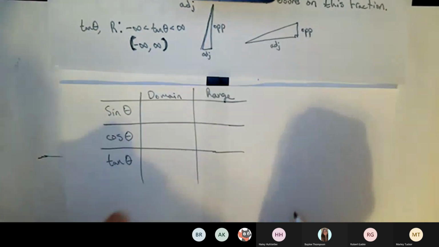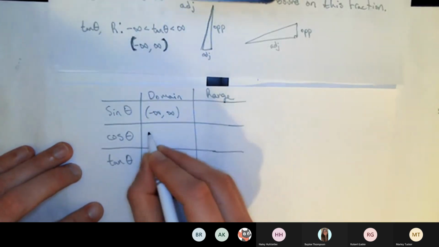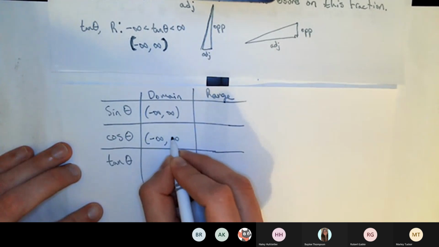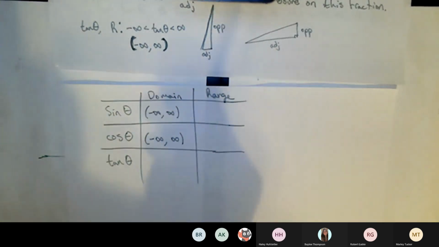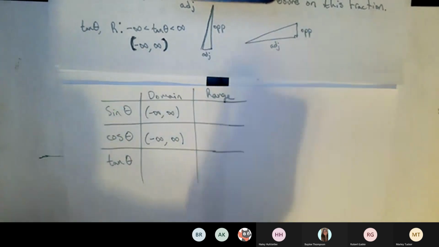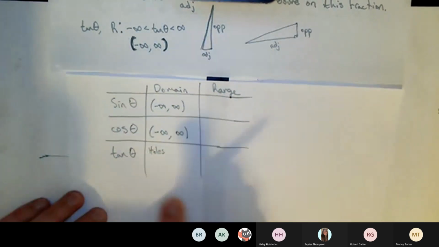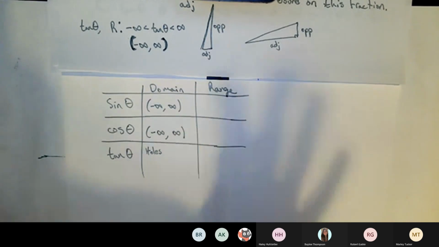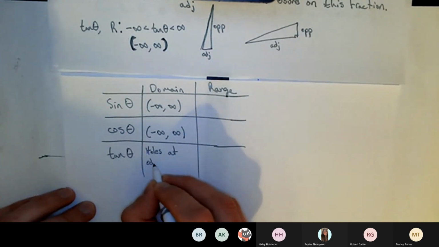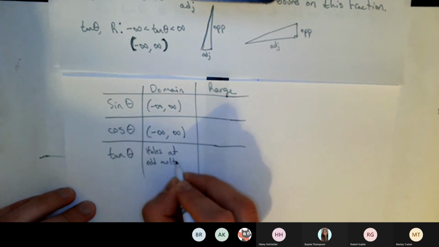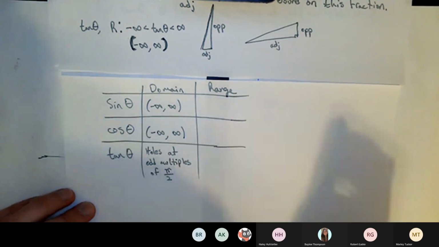Okay, so for sine and cosine, the domain was unbounded, negative infinity to positive infinity. The domain for tangent was not necessarily bounded, but it had holes, right? So we'll just say that in words. Don't want to worry about how to notate that with intervals as holes at odd multiples of pi on 2.